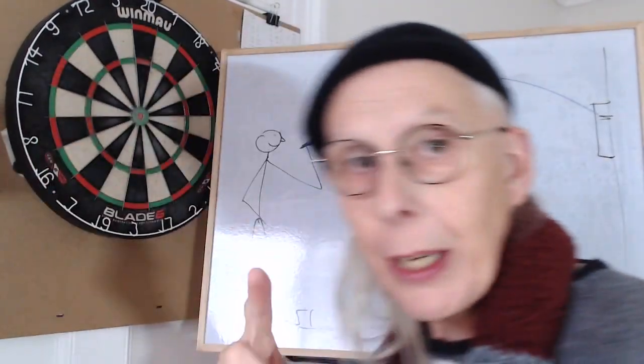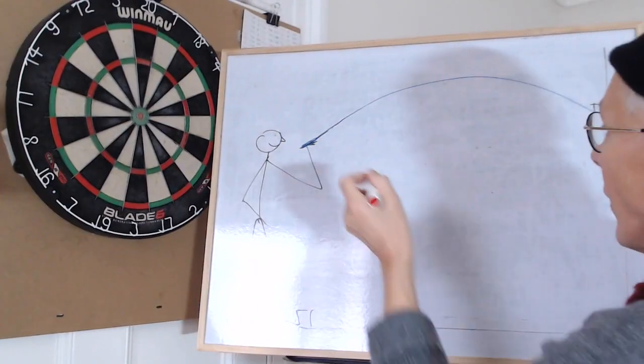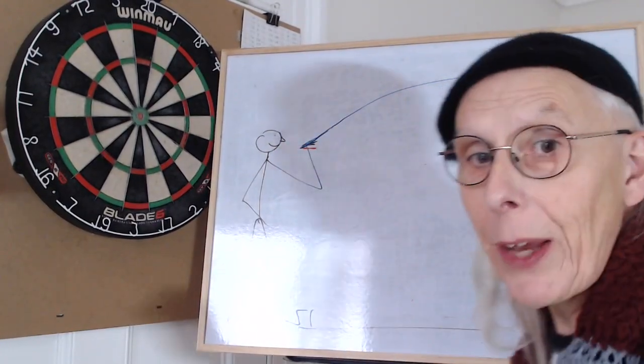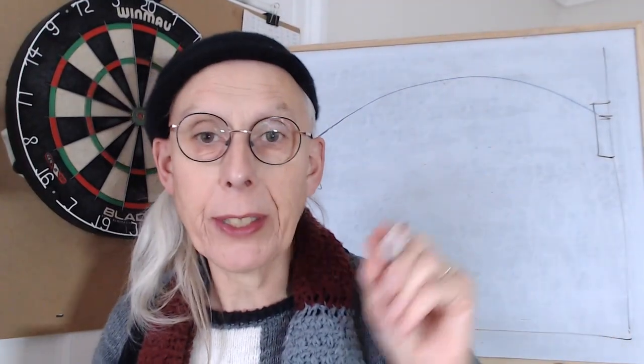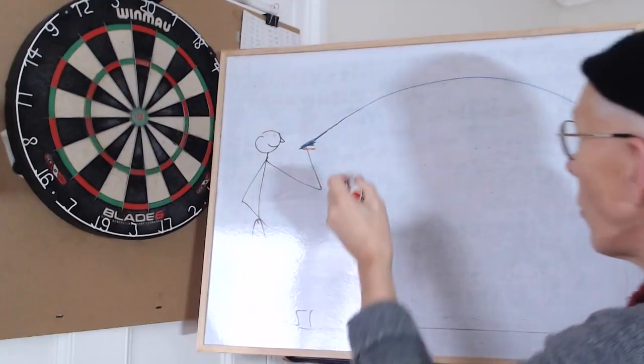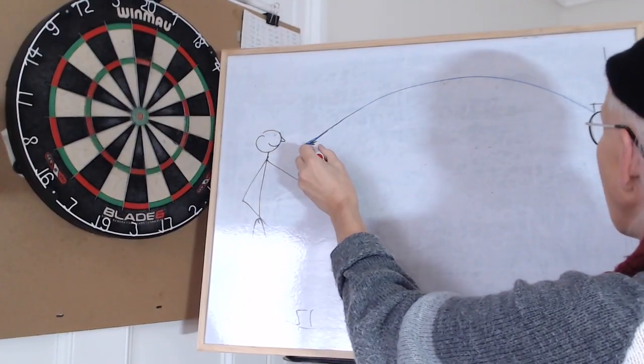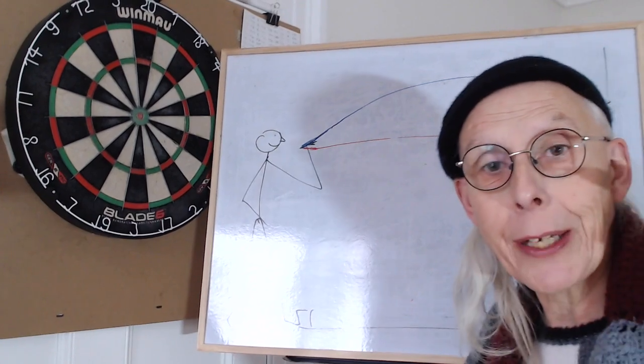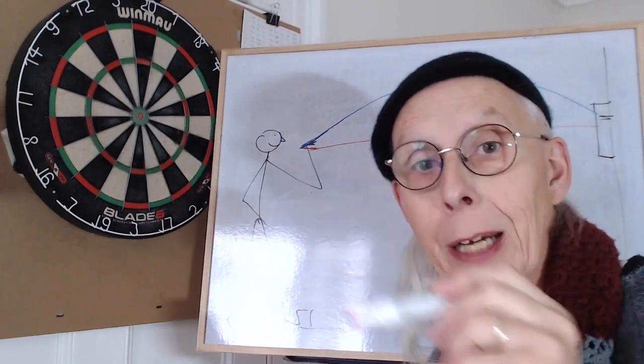But we can break that down into two pieces. The horizontal component of that initial velocity that he throws it is just going to stay the same if we ignore air resistance. So that horizontal component is like the horizontal ghost of the dart, if you like, moving just in a straight horizontal line with a constant speed.